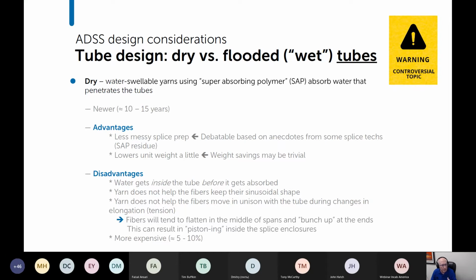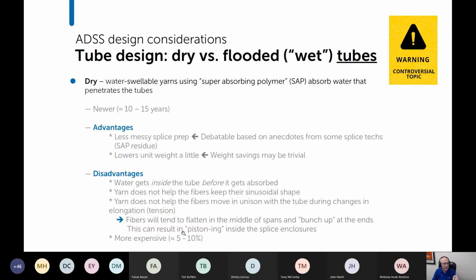There's a mechanical coupling there, and yarn doesn't do that. And as a consequence, in dry tubes, in ADSS in particular, the fibers will tend to flatten in the middle of spans and bunch up at the ends.